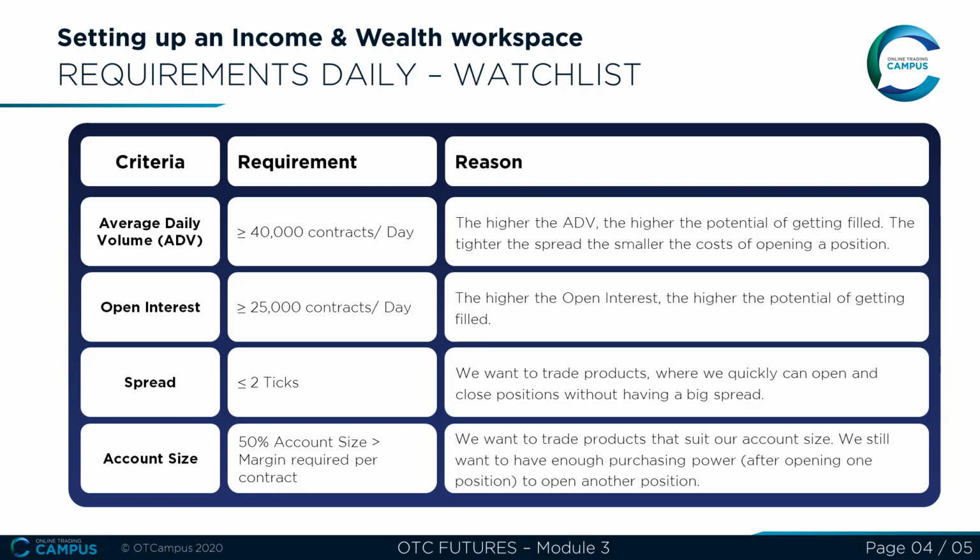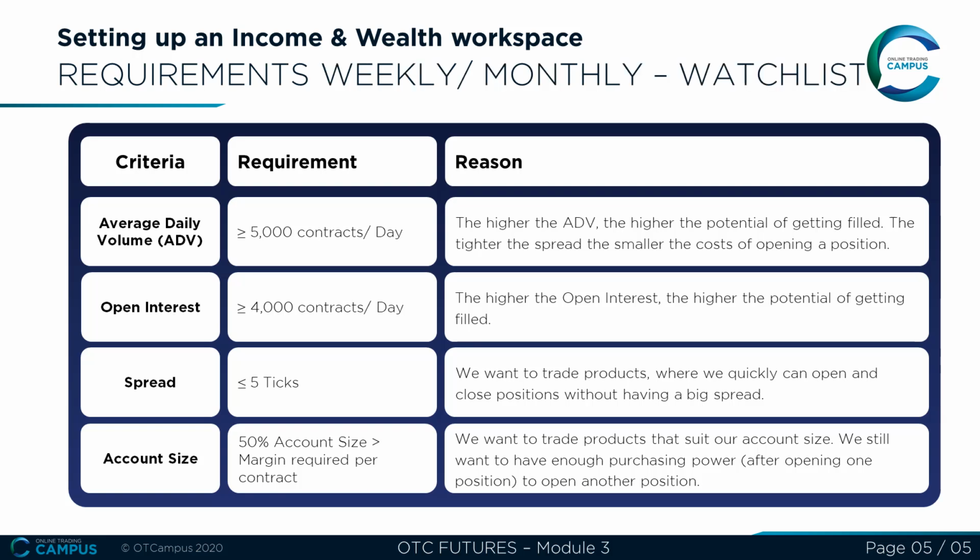Last but not least, let's define a criteria for weekly and monthly income traders. For weekly and monthly income traders, the criteria basically stays the same. We have average daily volume, open interest, spread, and account size. The requirement for average daily volume is 5,000 contracts or more being traded per day. The reason obviously stays always the same.